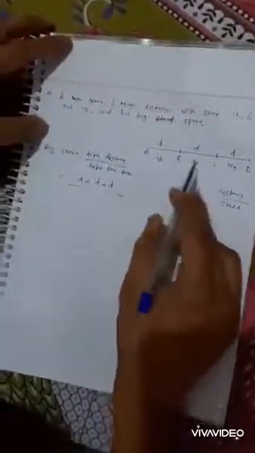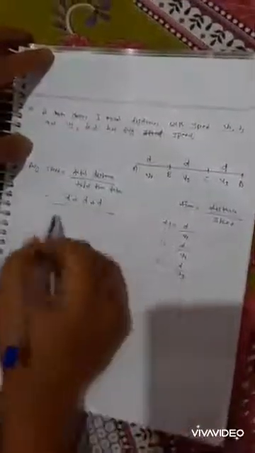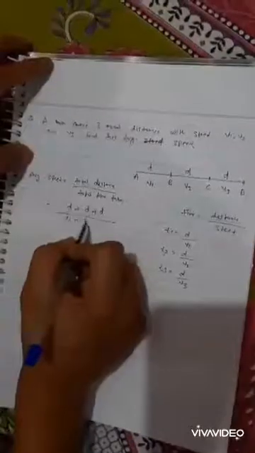So we can find the first time T1, which is D by V1. Similarly for the second, T2 will be D by V2, and for the third, T3 will be D by V3. So we can write total time as T1 plus T2 plus T3.